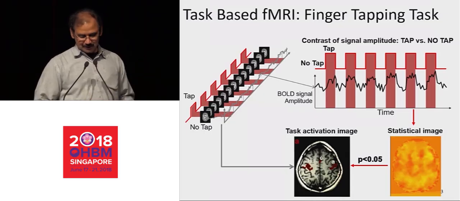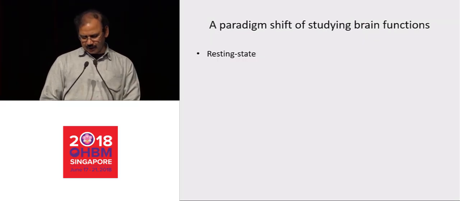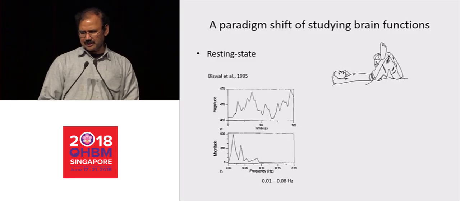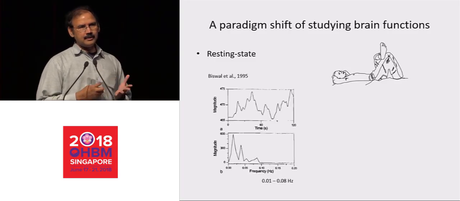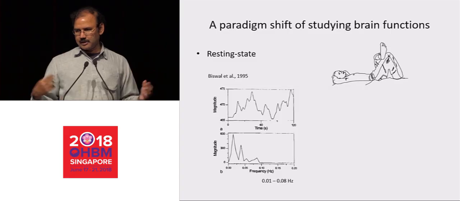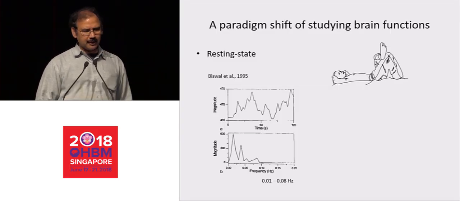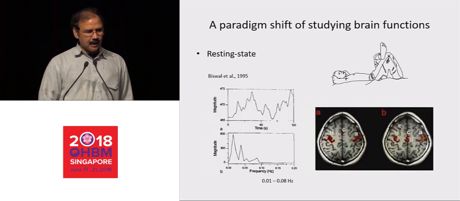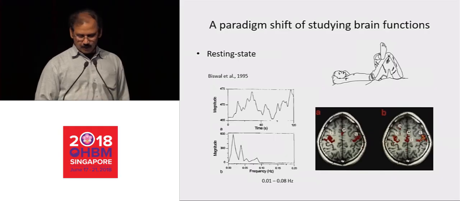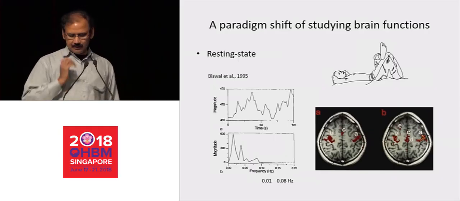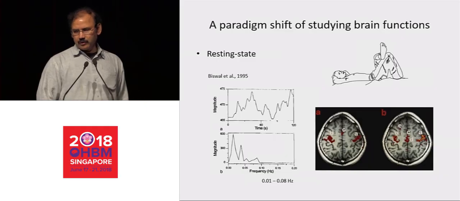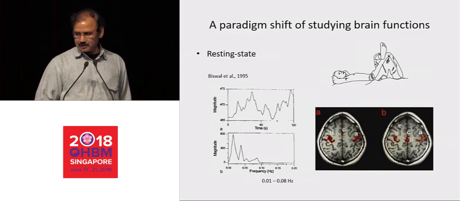And so again, this is task, and with resting state, the idea is very similar, except you don't have to do anything, just scan a subject while at rest, then look at the frequency spectrum, and then analyze the data in identical fashion. With the sensory motor tasks that we did, what we found was it was very similar to the task finger tapping response.